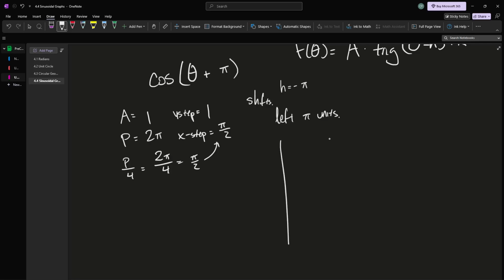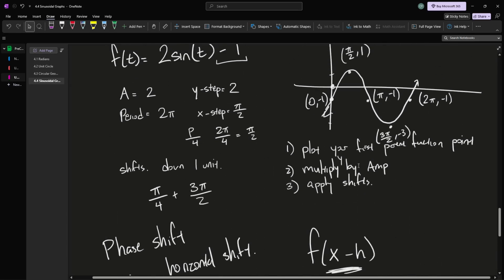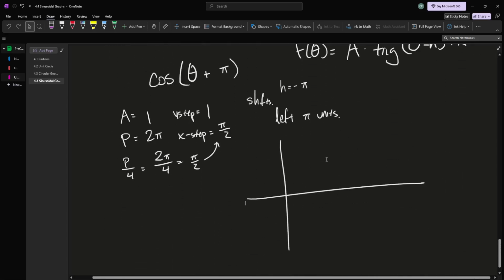Now going back to how to graph, over here, we want to plot our first point from the parent function. So cosine, where does it start? Cosine actually starts over here at 0, 1. Next up, we do our amplitude. We multiply our y value by amplitude. 1 times 1 is still 1.